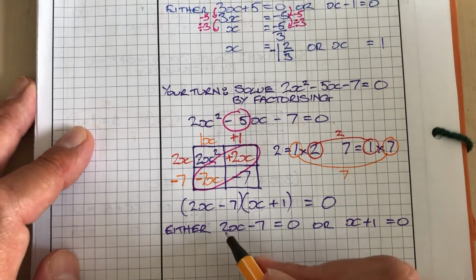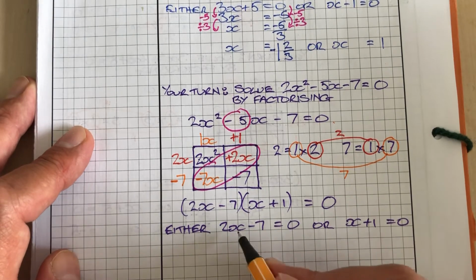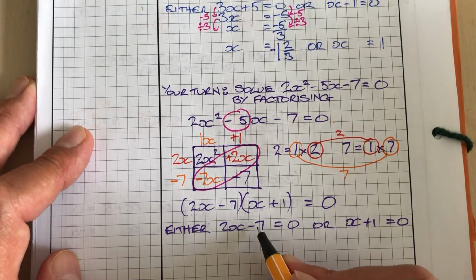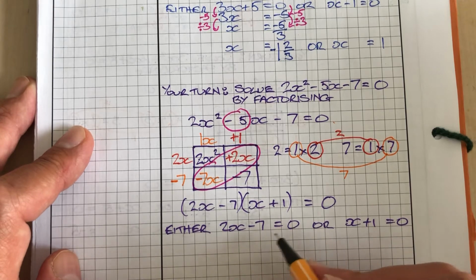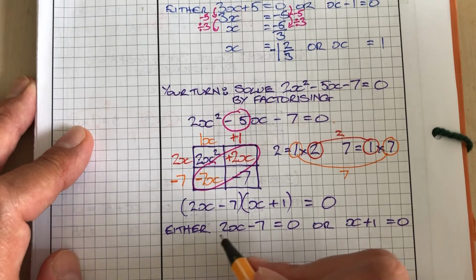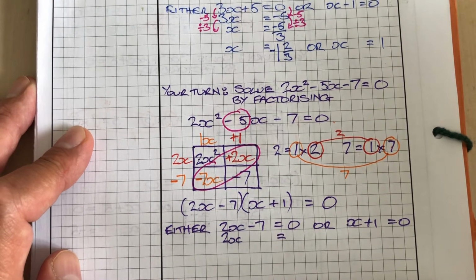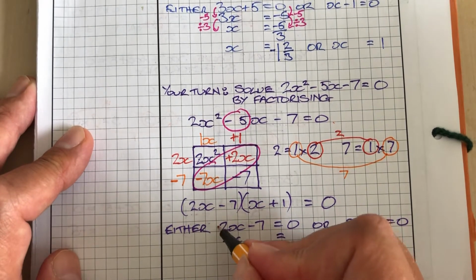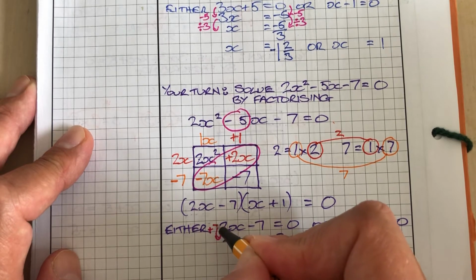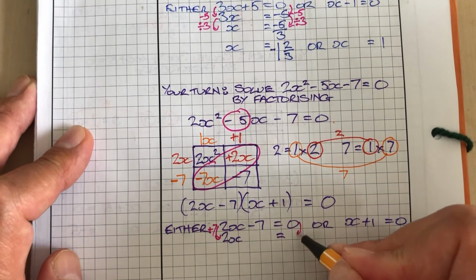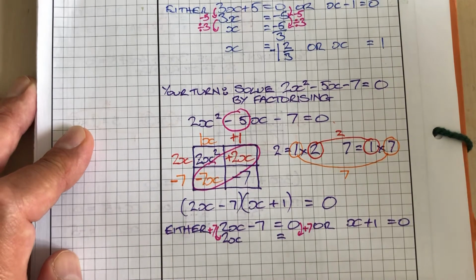All right. 2x take away 7 equals 0. A number times 2 and take away 7 is 0. The last thing that happened was take away 7. That's the first thing we get rid of. So, how did I get rid of take away 7? I did the inverse of take away 7, and I did it on both sides.